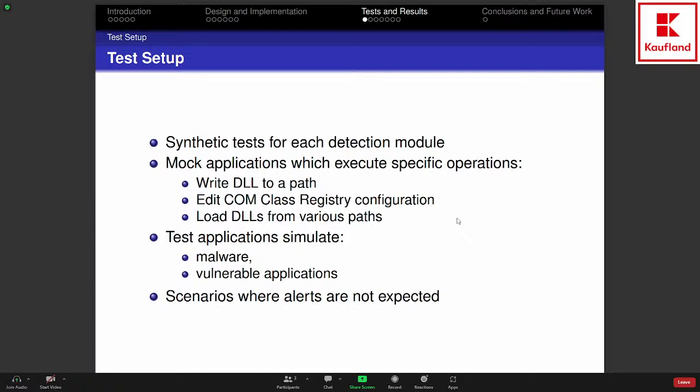And we also wrote scenarios in which we expect no alerts to be triggered, because the vulnerabilities don't actually exist in those test scenarios.